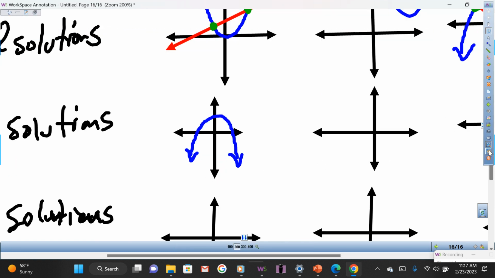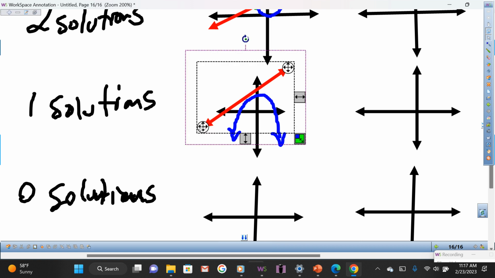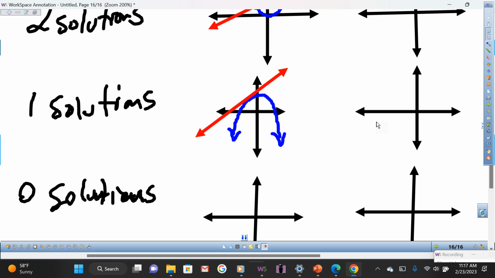And for it to only have one solution, I'm going to sketch a positive slope linear equation that barely touches the parabola. There it is. If it barely touches, that means it's only going to touch at one point. That's one solution.